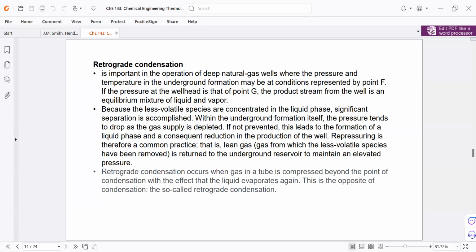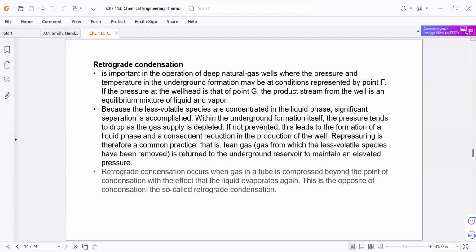So what do they do to prevent this? They repressure the well by injecting a lean gas. What is a lean gas? A gas from which the less volatile species have been removed. So they return it to the ground reservoir to maintain the high pressure.